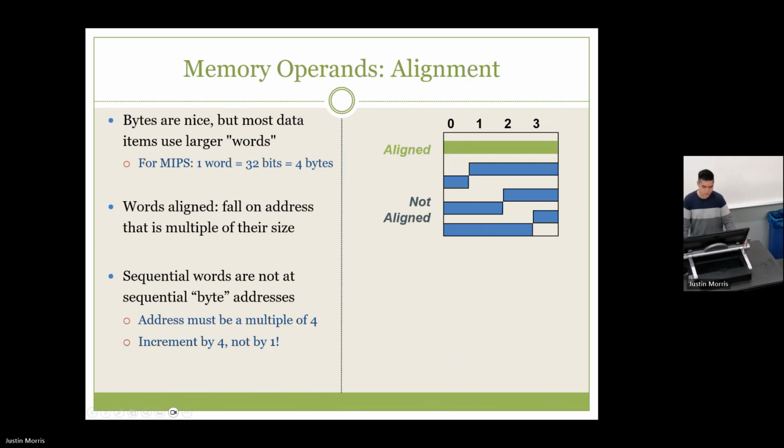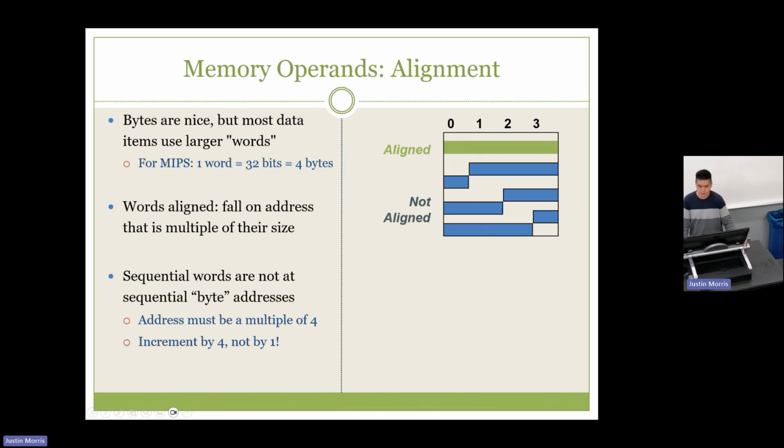And one thing that is very useful for us is that we want to keep our data word aligned. So this is an example of our data being word aligned. If this is the first byte, then 1, 2, 3, 4 bytes makes 1 word, and the next one would be right after it, right?